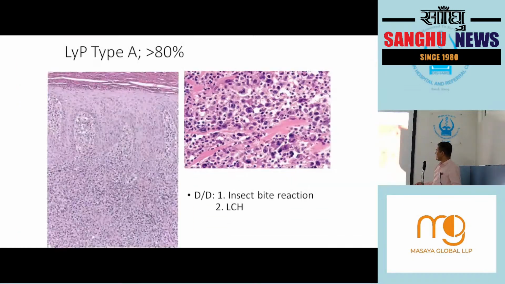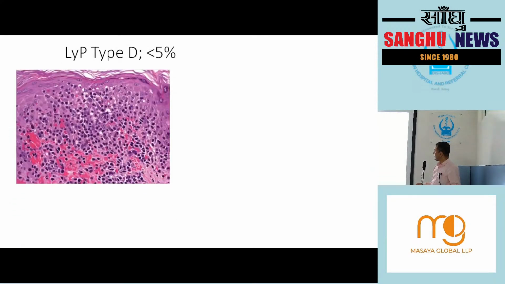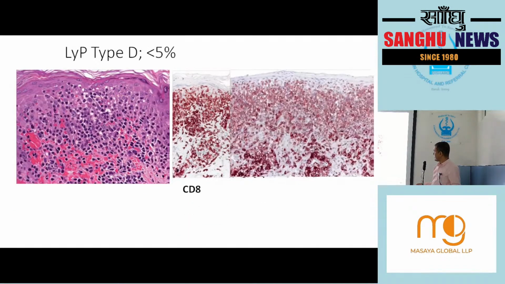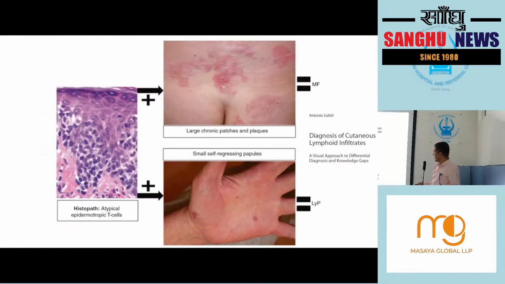There are some pictures taken from the books: type A, type B, type C, type D, type E, type F, follicular-trophic. This picture is important. You see, I can see epidermotropic lymphocytes here.